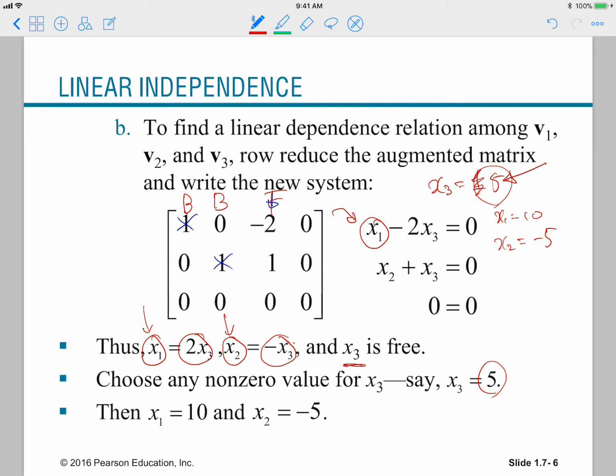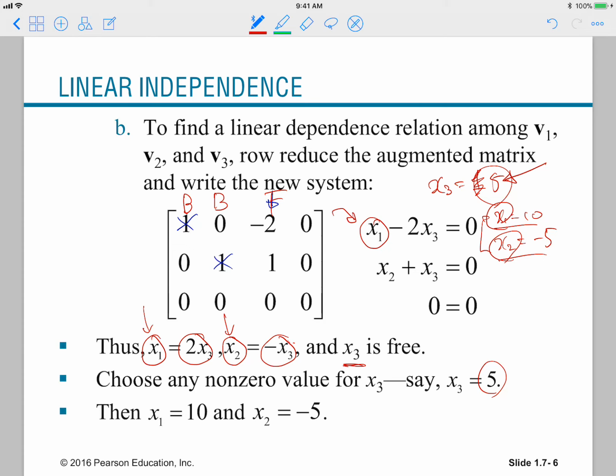Okay, and then suppose that was 5, and then x1 and x2 are having these values, right? So in this case, yes, because we can choose non-zero values for our free variable, accordingly the other variables, x1 and x2, are set based on this particular non-zero free variable value, and thus we found at least one non-zero solution, or non-trivial solution, that satisfies our equation, right?